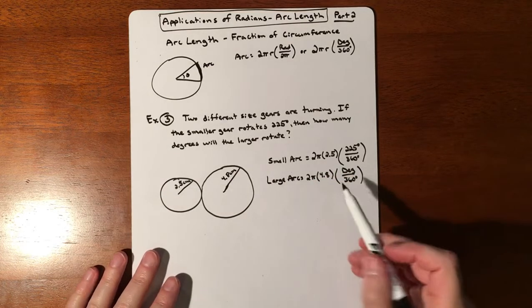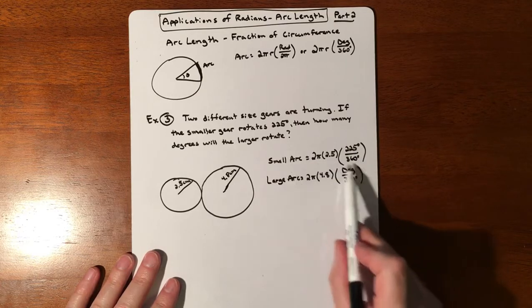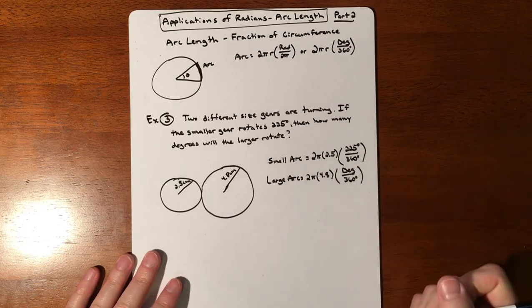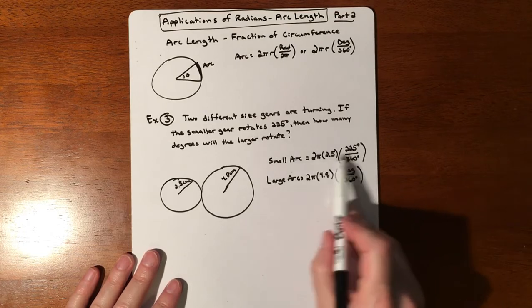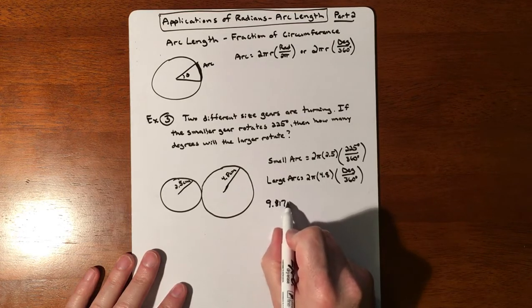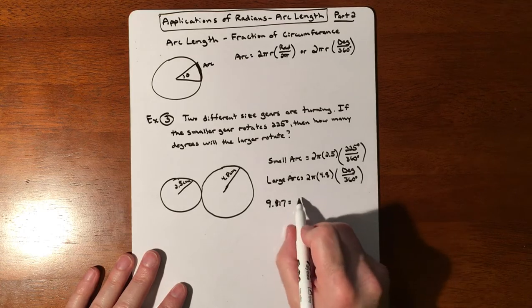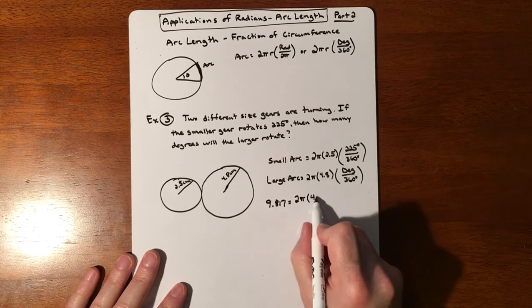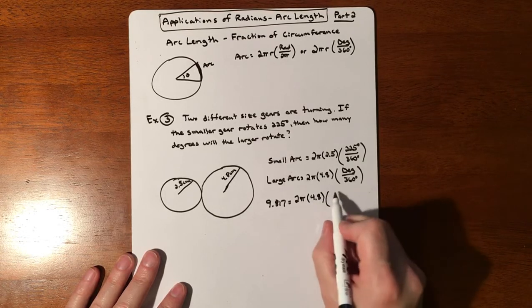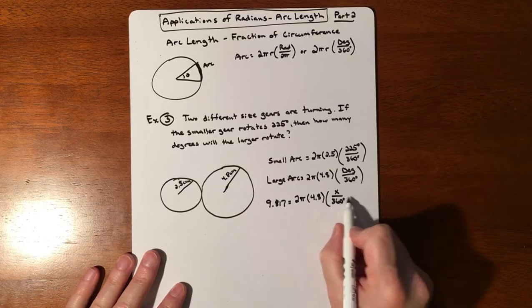So with that in mind, that just means that this arc is going to be equivalent to this arc, and then we can solve for the degree. So if you put this into a calculator, your small arc is going to be about 9.817, and then that's going to equal all of that. So that's going to be 2 pi times 4.8 times, we don't know, out of 360.